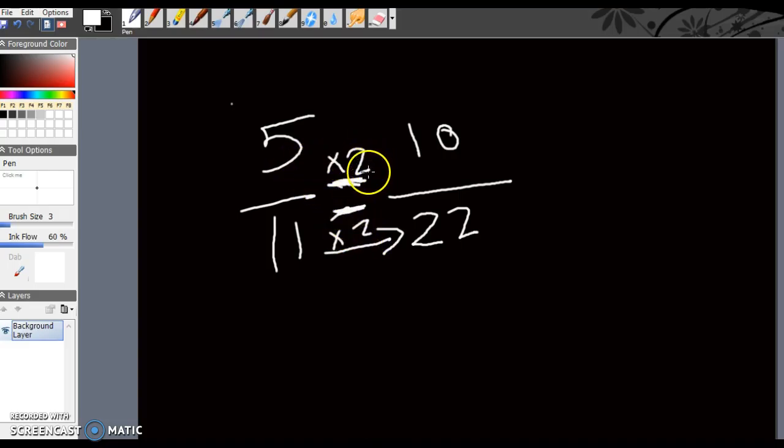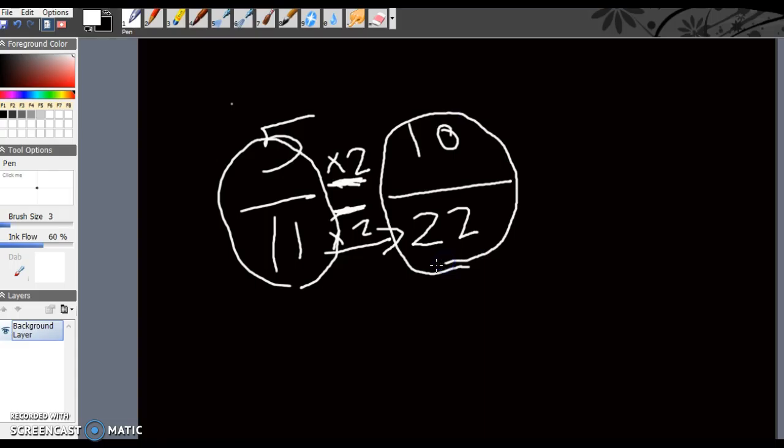If I multiply any number times 1, it equals the same number. So again, I am stressing the fact that I'm not changing the value of the fraction 5/11. I am changing the look, not the value, simply because I multiplied times a fraction that's equal to 1 whole.